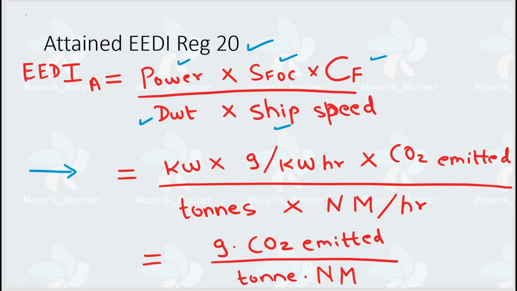From there, if you work out, you will end up with these units. So the units of EEDI A are grams of CO2 emitted per ton of cargo carried per nautical mile.